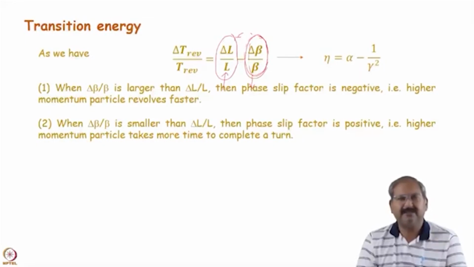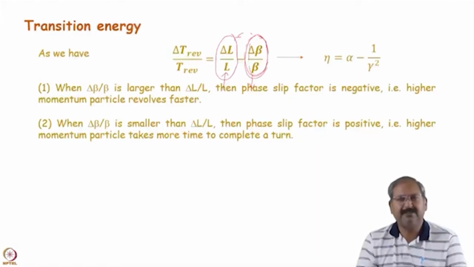For example, when we say 800 MeV proton synchrotron or 1 GeV proton synchrotron, it means the kinetic energy is 1 GeV and it is comparable to the rest energy of the protons. So in this case we are operating the machine in the low energy region, where the frequency slip factor may be negative. But when we talk about 1 GeV or 2 GeV electrons, electrons have a rest mass energy of 0.5 MeV.